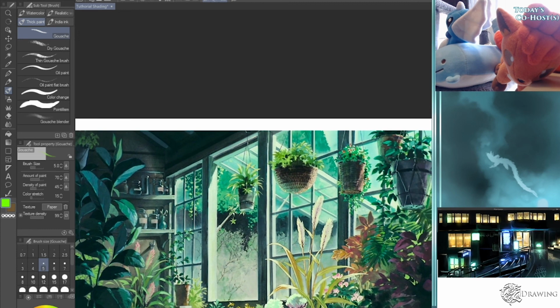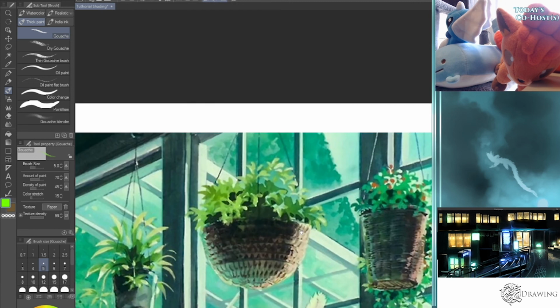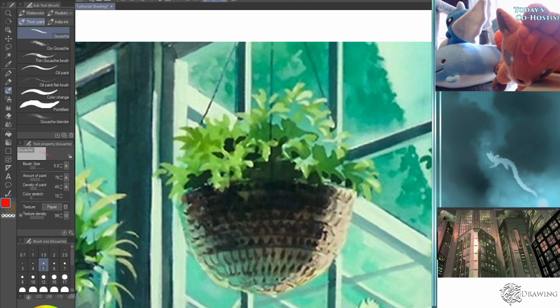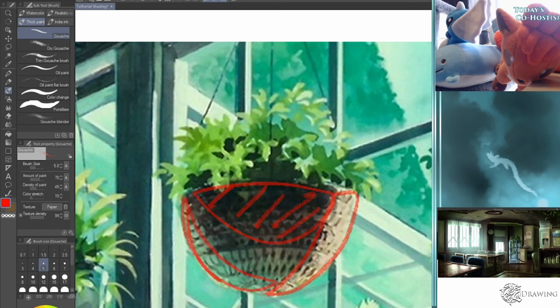And God, can we just pause a second and look at how beautiful these potted plants are using our favorite core lighting system? Look at this. Here's our highlight. Here's our core shadow. And look how this green light works as a reflected light and as a fill. See how they're different colors?